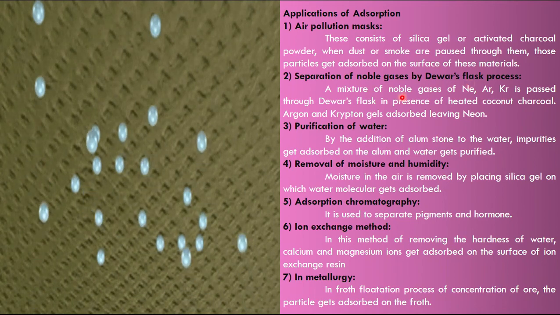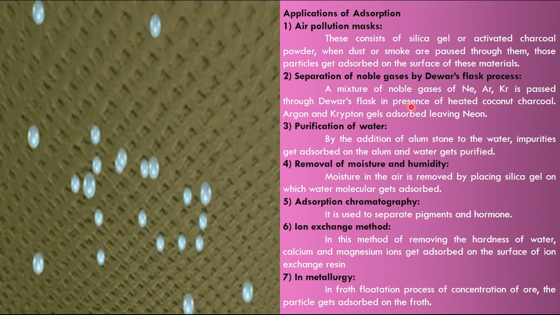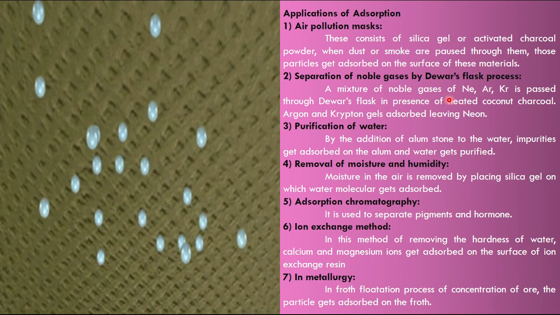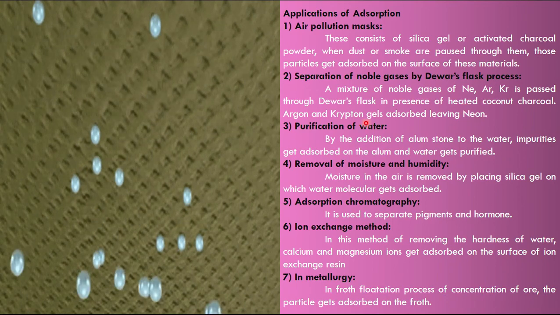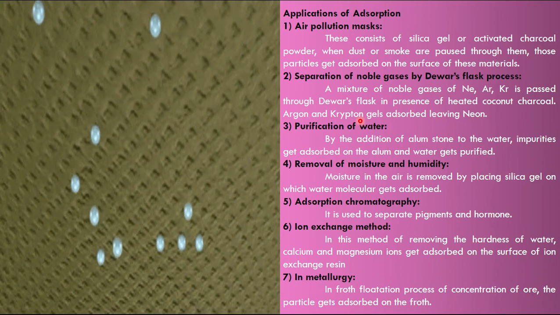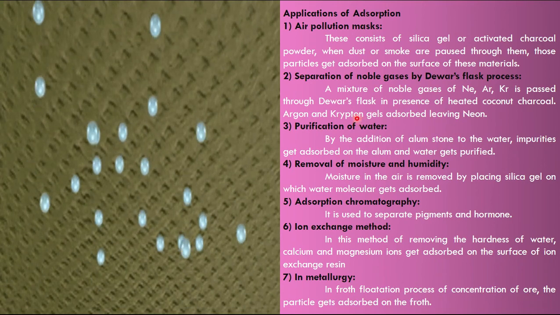If we pass a mixture of noble gases, then the heated coconut charcoal will adsorb only argon and krypton. Thereby we can separate argon and krypton from the mixture of noble gases.